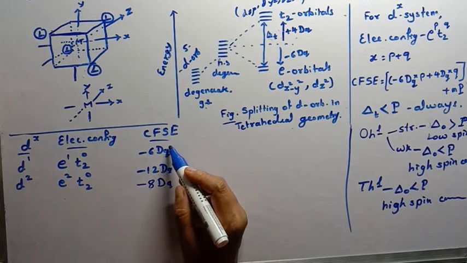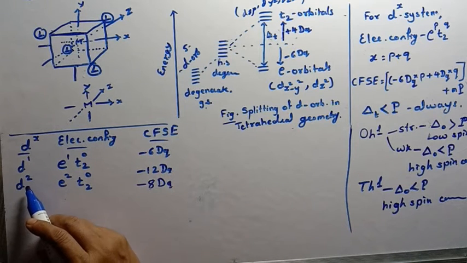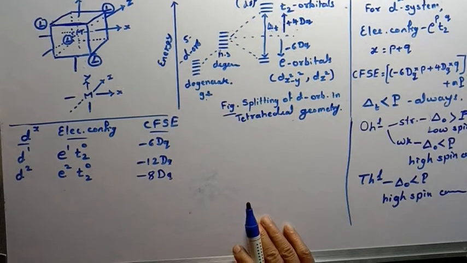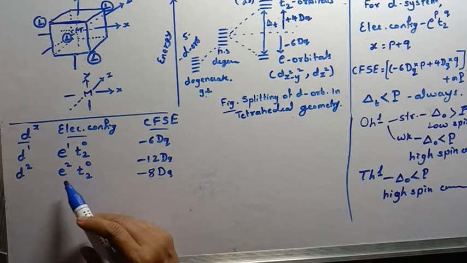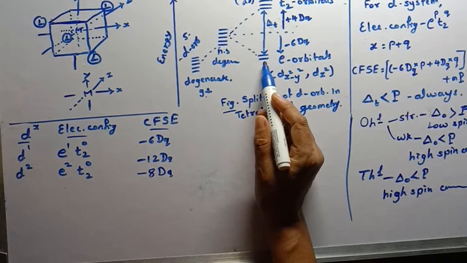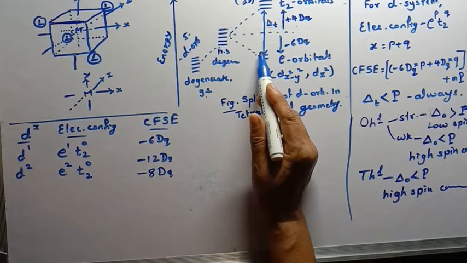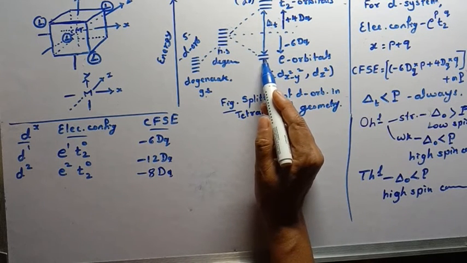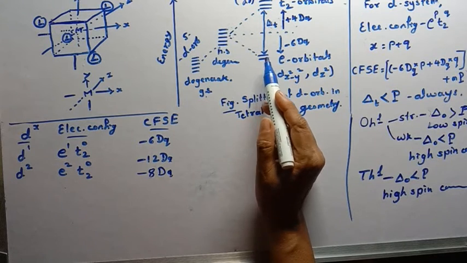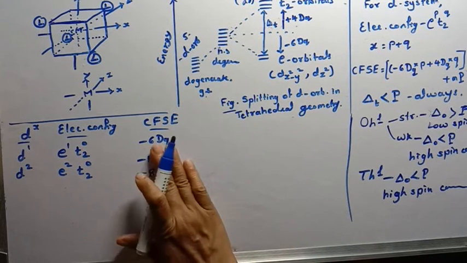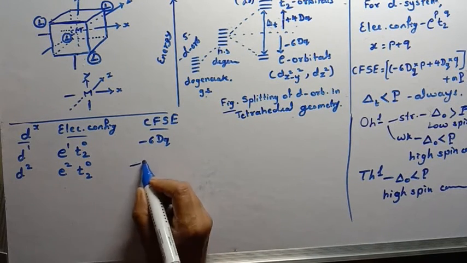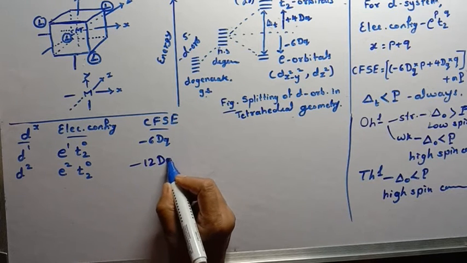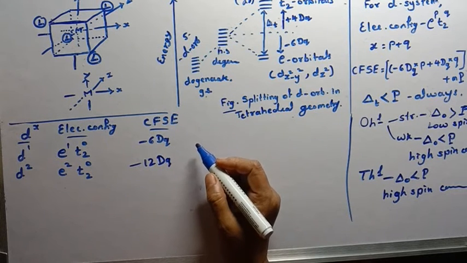When there are 2 electrons in d orbital, the second electron also goes to lower energy level, so in d2 the second electron will enter, and thereby minus 12 Dq is the crystal field stabilization energy.